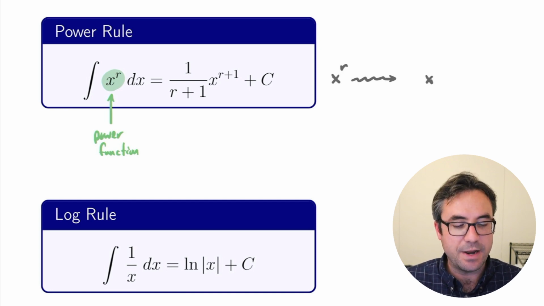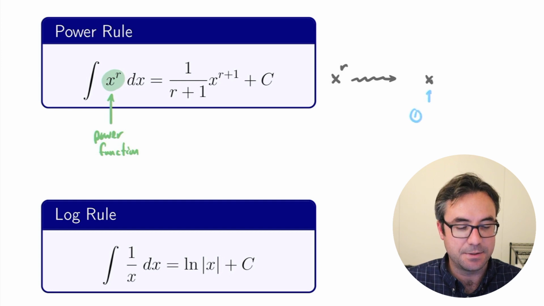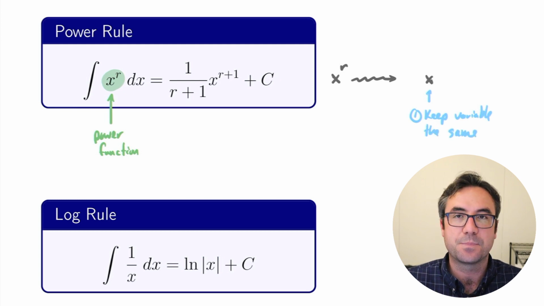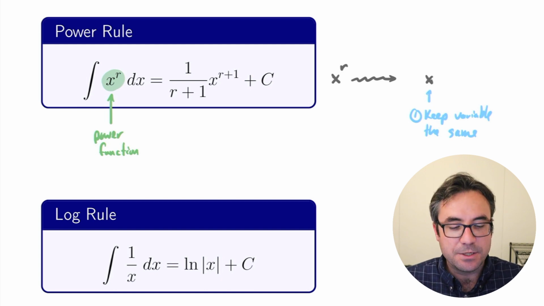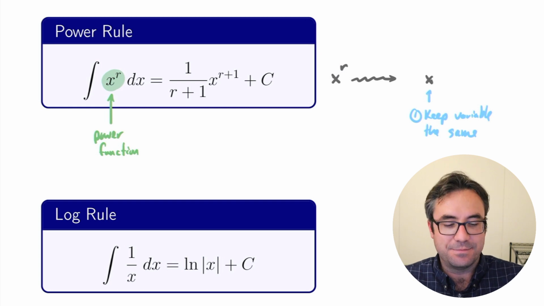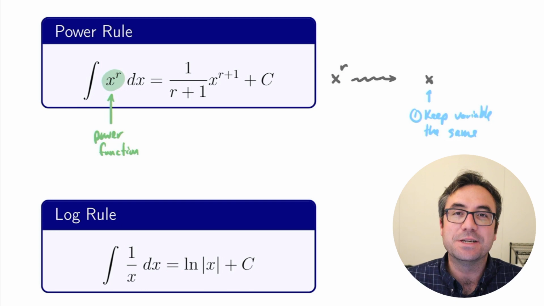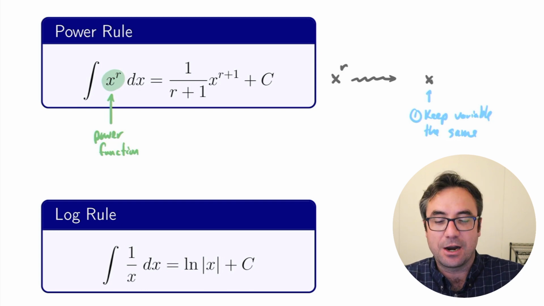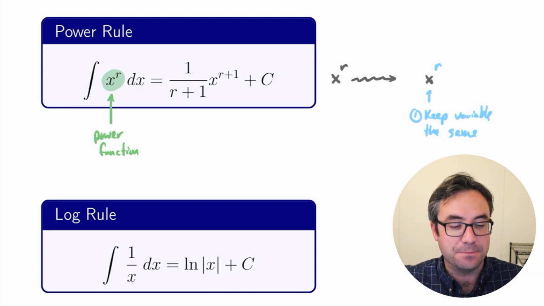We started with an x, we're going to keep it x. Then step 2: we're going to take our old exponent, which was r, and we're going to add 1 to it.